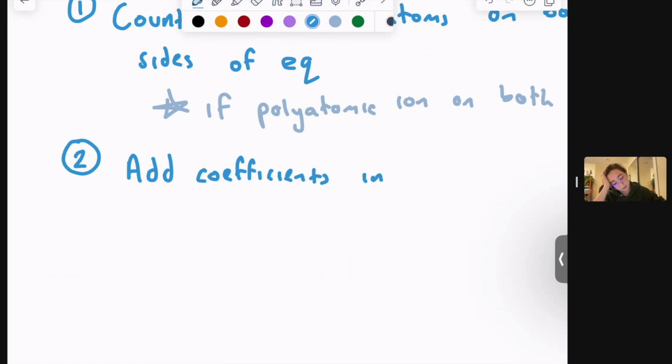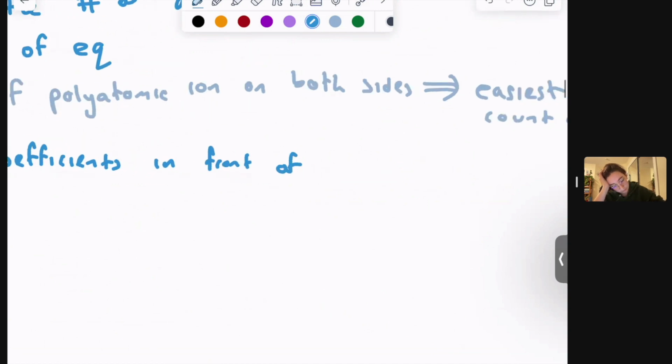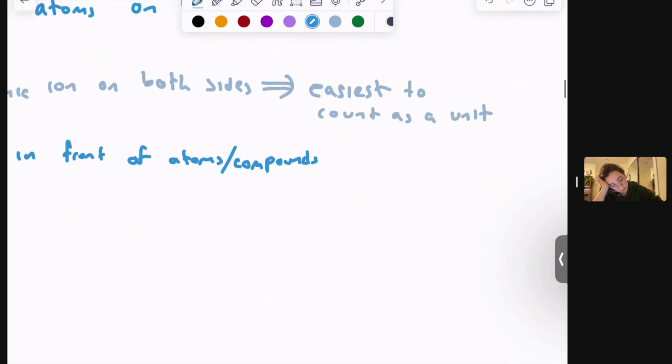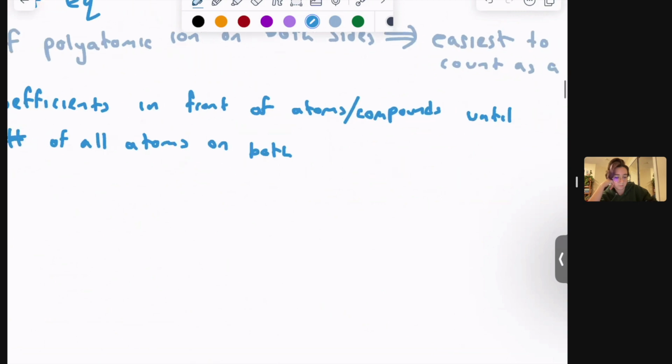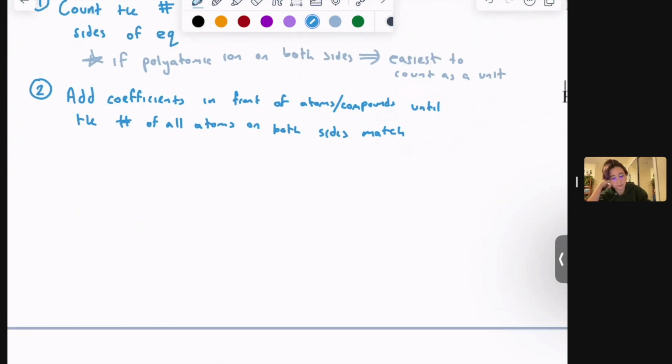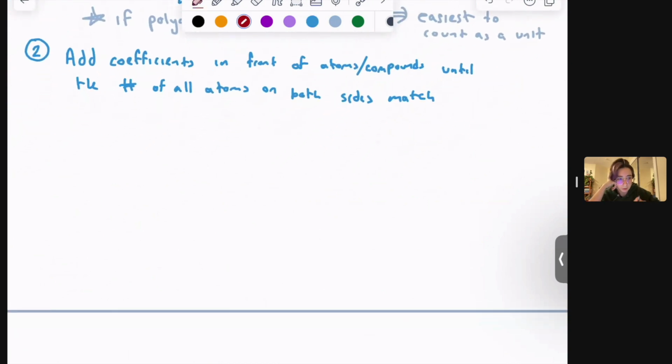In front of species. So I think it makes more sense with an example, but only coefficients.